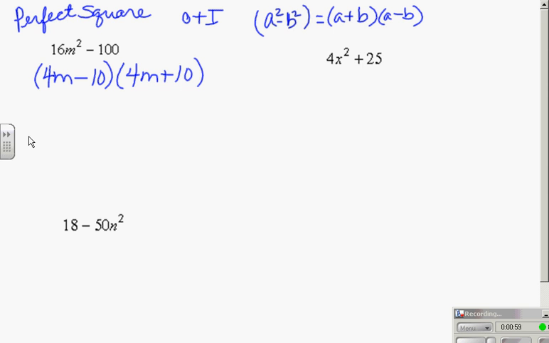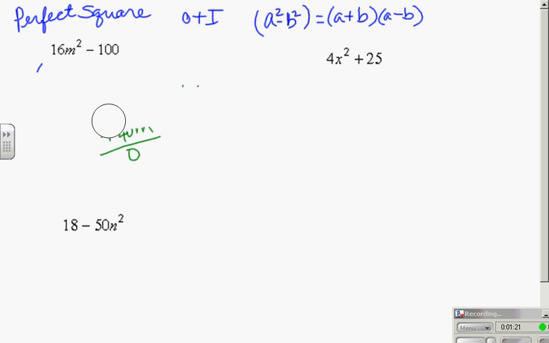Now if we think about foiling this and checking my outside and my inside, I end up with negative 40m, and I end up with positive 40m, which is 0. And that's why it works to do the opposite signs.